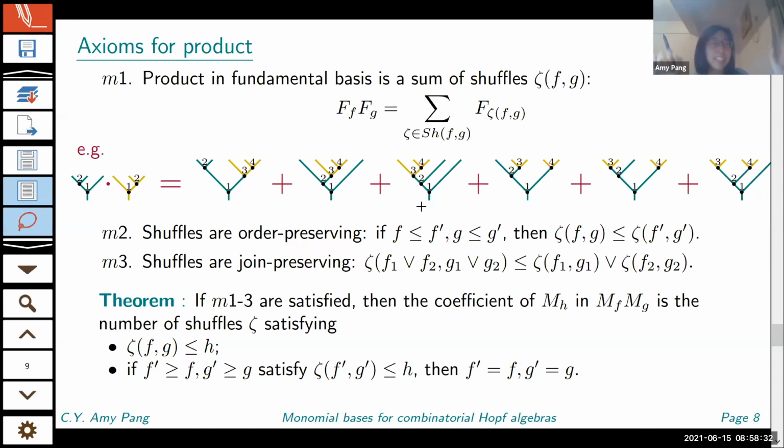Shuffles have to be order preserving and also join preserving. If this is all satisfied, then the coefficients in the product are the number of shuffles satisfying some unsightly formula. I don't actually know how to calculate this, but at least we know that it's positive.